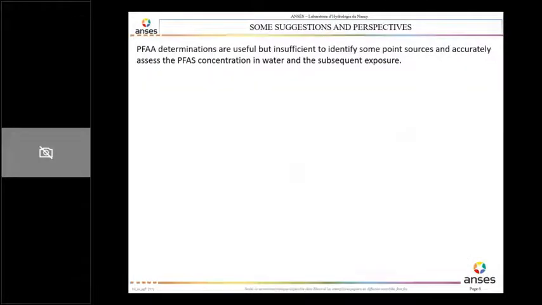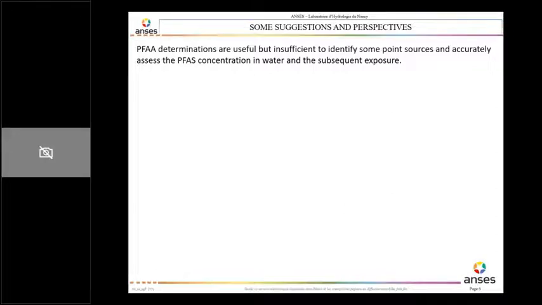At the beginning, we only analyzed 10 PFAS, and we quickly understood that it was not enough to identify some point sources and accurately assess the PFAS concentration in water and the subsequent exposure.